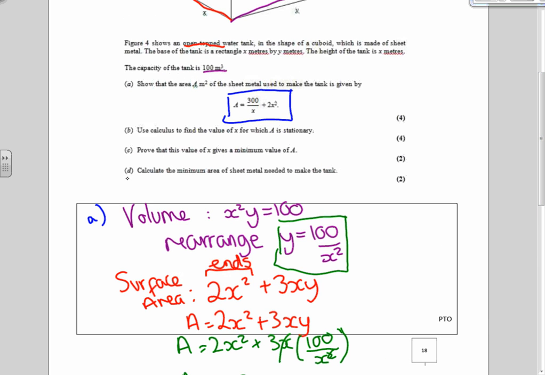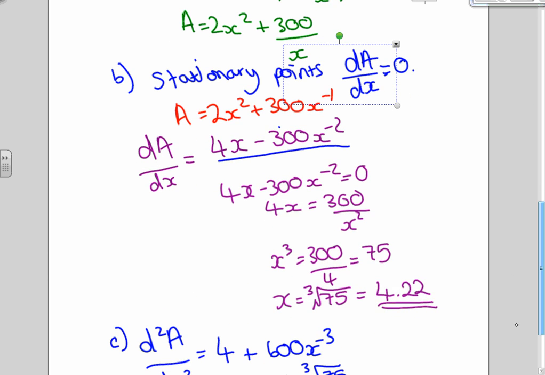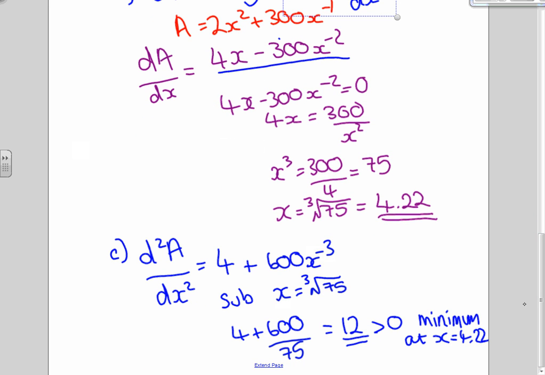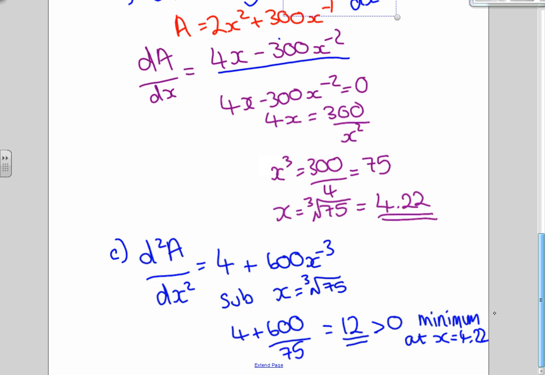Now for part D, we have to calculate the minimum area of sheet metal needed to make the tank. So we know what our x is, we need to find out what area that gives us. So we know that the area can be found by using this, and we have our x, so I'm just going to substitute that into the area.